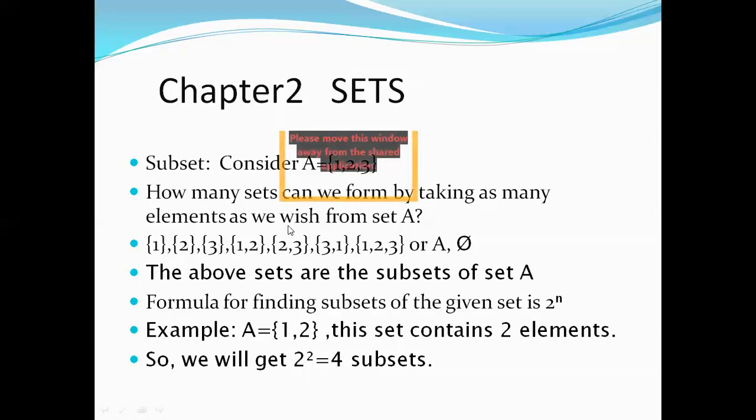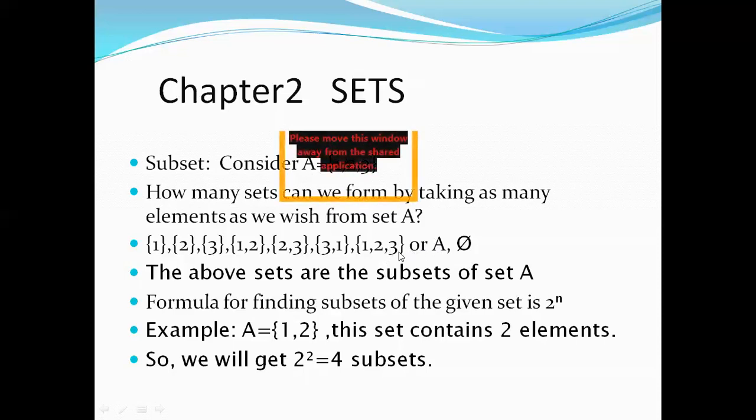Then two elements: {1, 2} in set symbol, and {2, 3}, then {3, 1}. Don't write {2, 1}, because {1, 2} and {2, 1} are both the same, equal sets only. So if you write {1, 2}, no need to write {2, 1} again. Okay children, so {1, 2}, {2, 3}, {3, 1}, and completely {1, 2, 3}. You can write it like this, with elements 1, 2, 3 in one set symbol, or you can write directly capital A, because capital A is nothing but the elements 1, 2, 3 only.